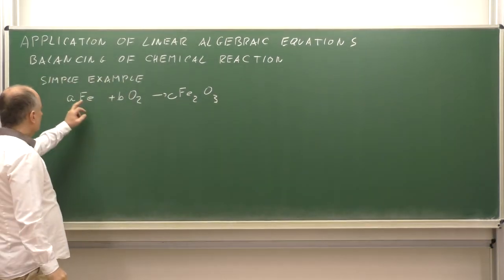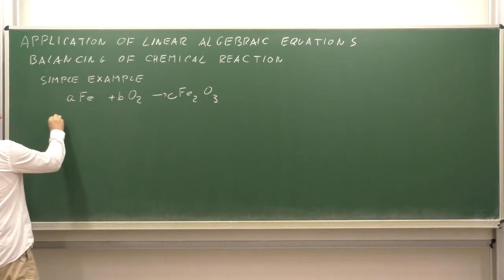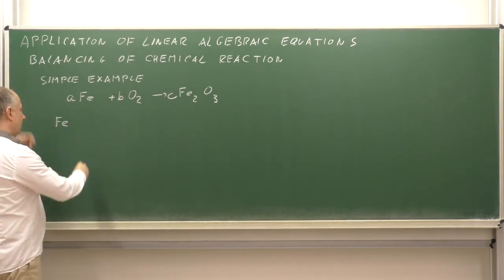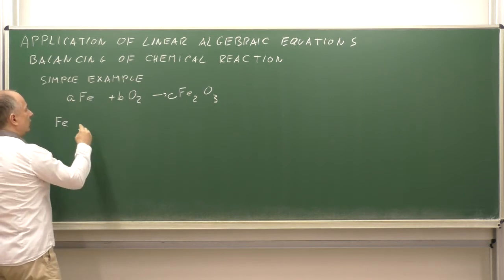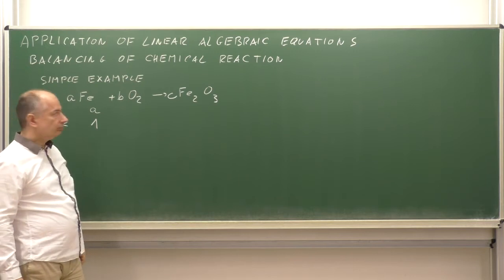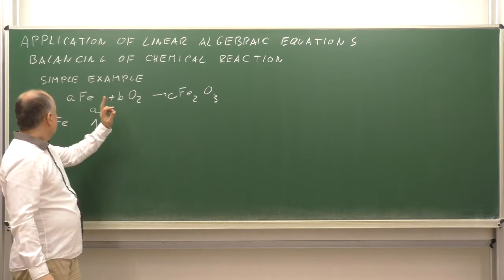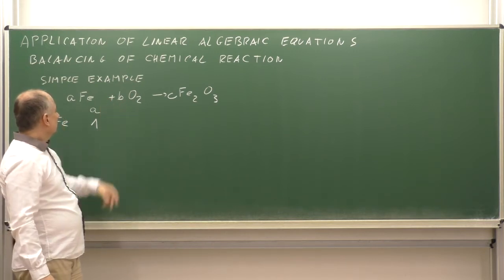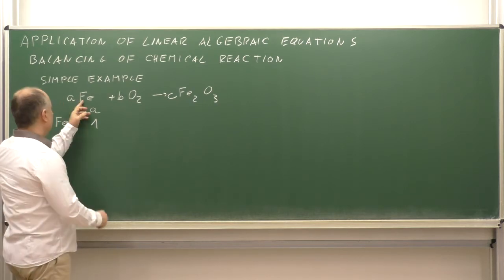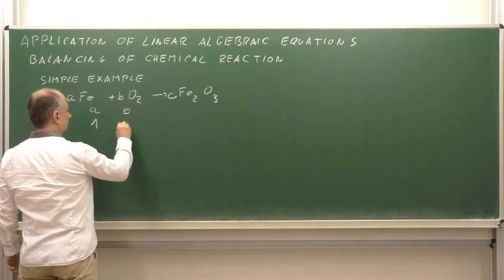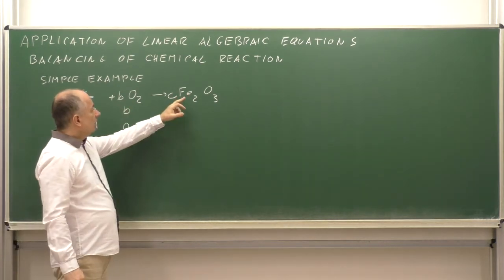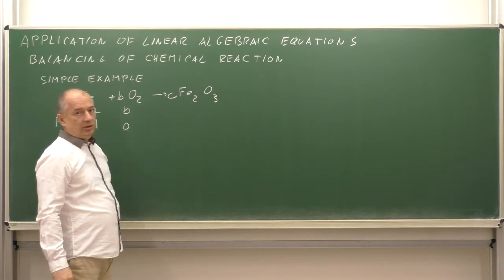And now, iron is on the left A times, so the coefficient at A will be 1. Then, no coefficient at B when counting atoms of iron. And on the right, we have 2C.